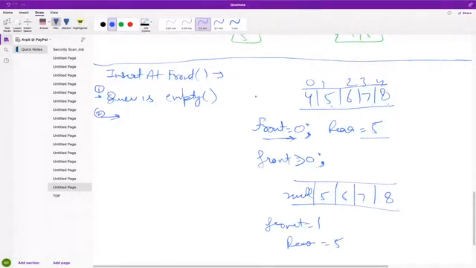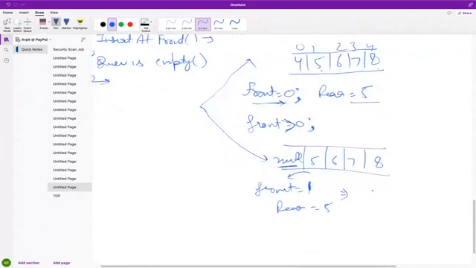These are the two scenarios, guys. In this scenario, when the front is greater than 0, you just need to subtract 1 from your front and insert at that position.